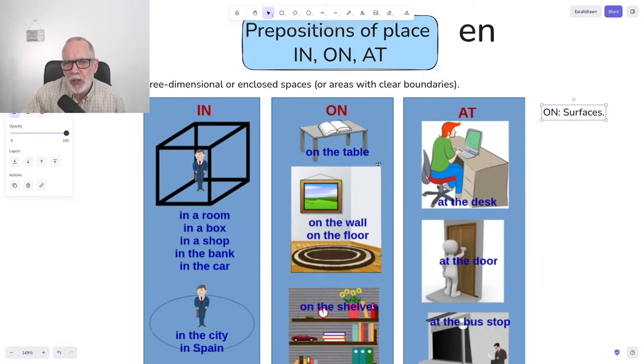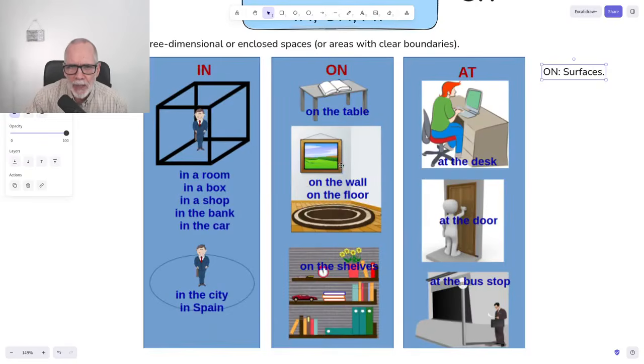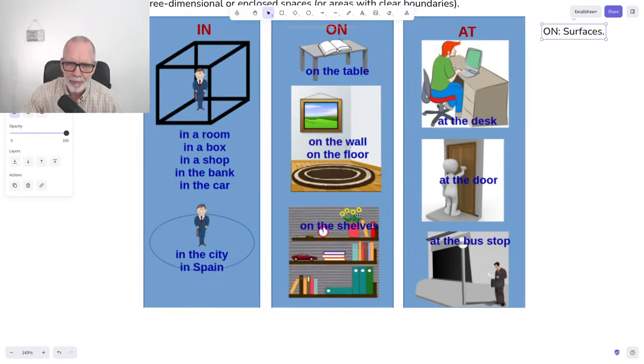So, on surfaces, on es más para cuando se ve esa cosa como una superficie de solo 2 dimensiones. Por ejemplo, on the table es un buen ejemplo. Decimos on the wall, en la pared, on the floor, en el piso.